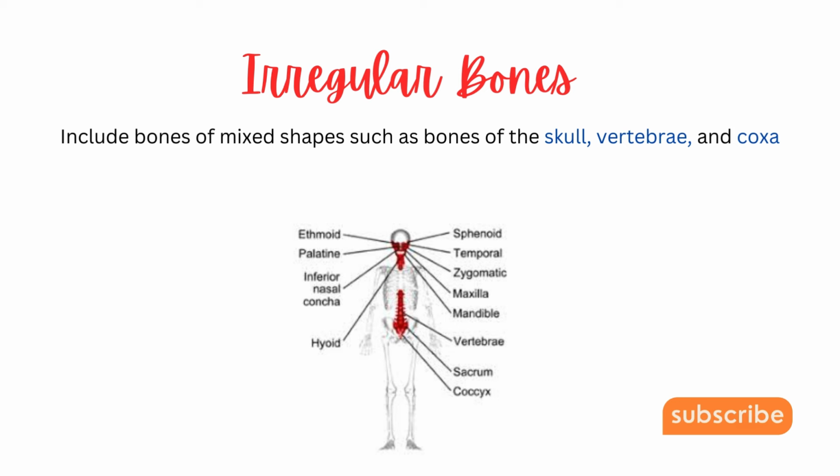Okay, now apart from the skull, where are the rest of the irregular bones located? The rest of the irregular ones are located in the vertebrae and the coxa. Coxa here is referring to the coccyx, which is the tailbone present below the sacrum.